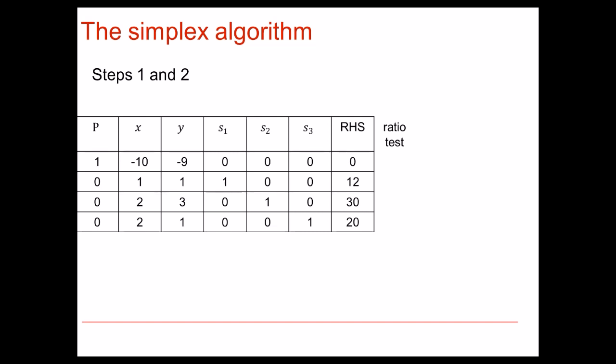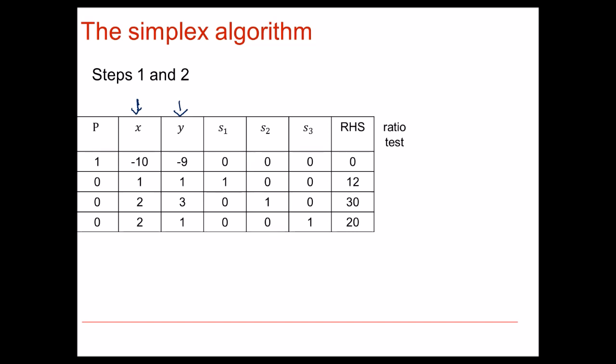For step 1, we're going to choose a pivot column, and we do this by looking at the negative entries in the objective row. We have a choice of either the X column or the Y column. We're going to look for the most negative, in other words the X column, because this is where the variable will give the fastest increase when we alter it.